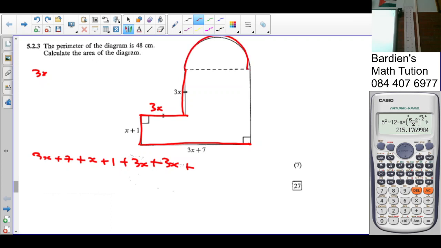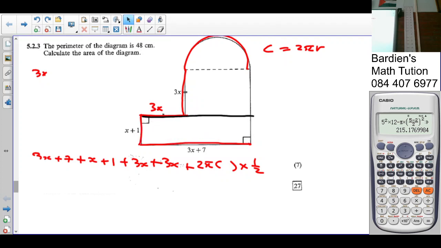How do you calculate the semicircle? 2 pi r, it's half a circle, so it's 2 pi r times a half. What's the radius of the circle? Remember, that length there is going to be 3x here. Can you see that? So what are we left with? 7.